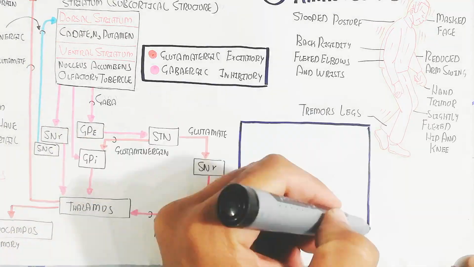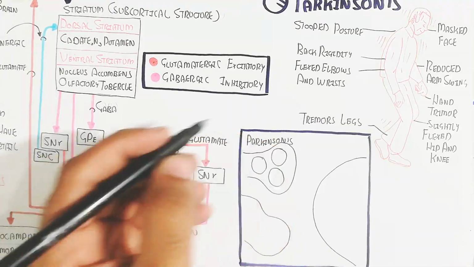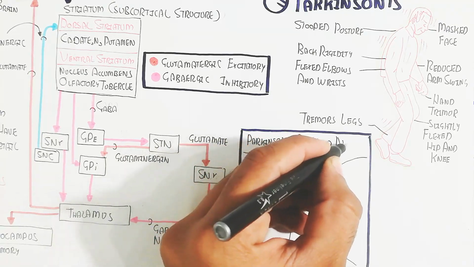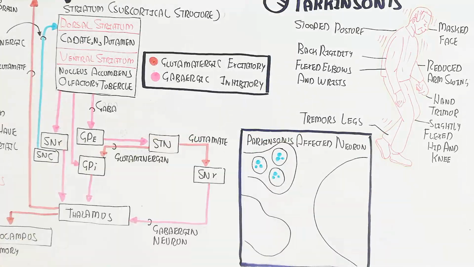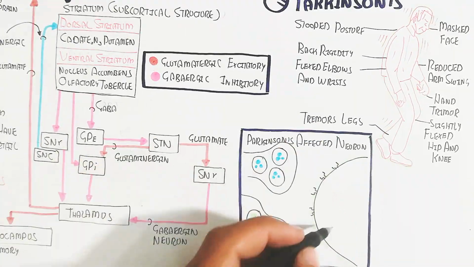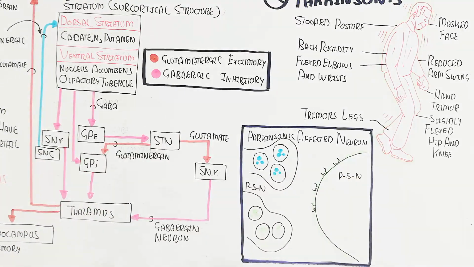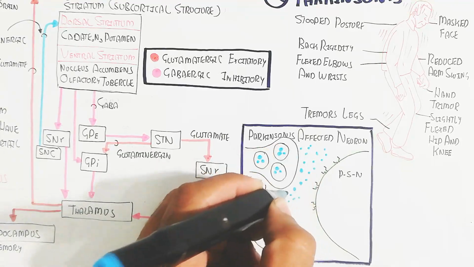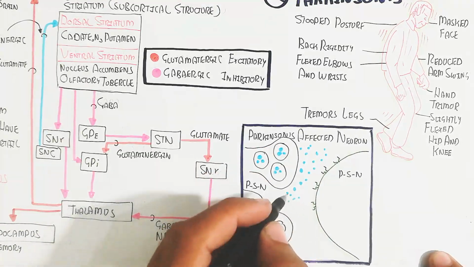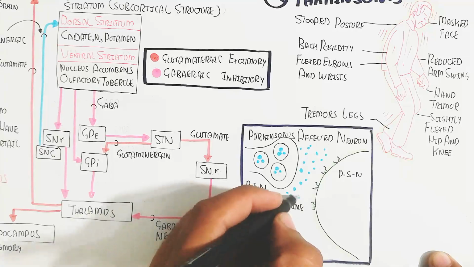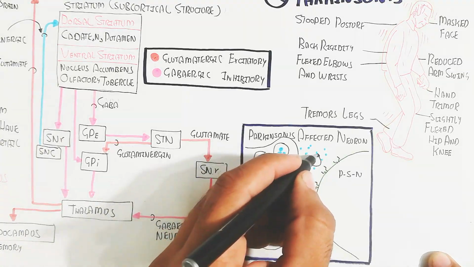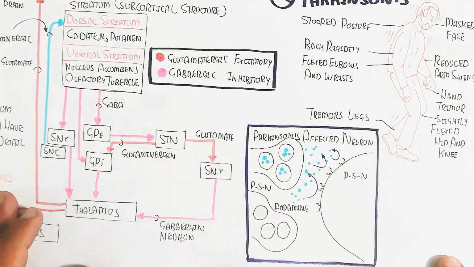What does that mean? That means the dopamine will not be produced easily, and in this way the GABA also, and some dopamine will not be released, because dopamine is responsible for the stimulation of further GABA production due to the stimulation of the striatum, for further processing leading to the thalamus.